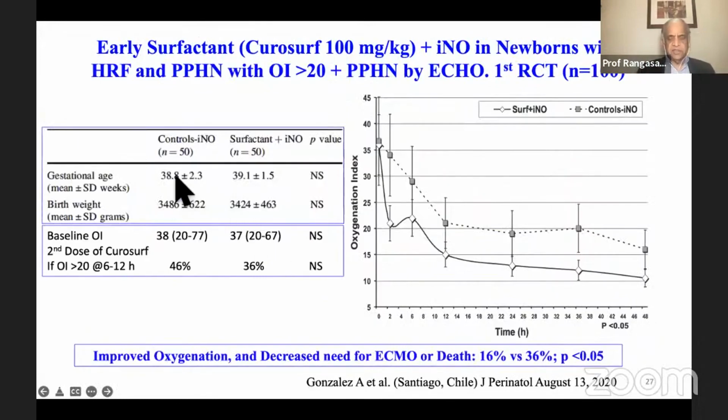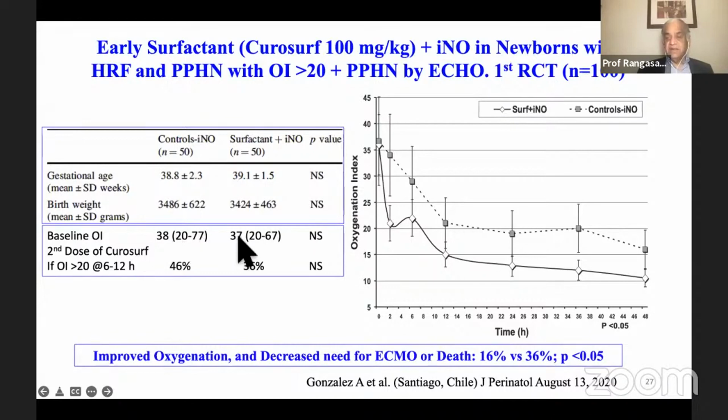Here is the study. These are term babies, 38 and 39 weeks. The control group got only nitric oxide. Here, surfactant plus nitric oxide. They used poractant alpha, 100 milligram per kilo, and they showed similar birth weight, similar gestational age, baseline OI, very sick babies, mean 37, range 20 to 77.